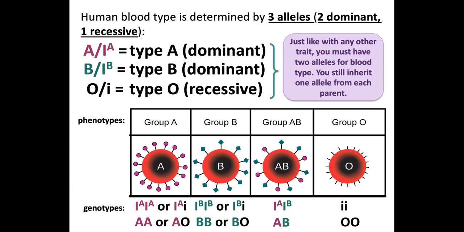BB would be homo, BO would be hetero. AB, codominant, and then OO is recessive. Okay, everybody follow me? I know it's a lot, but if you do it this way, it'll be a lot easier, because this is just a lot of letters.